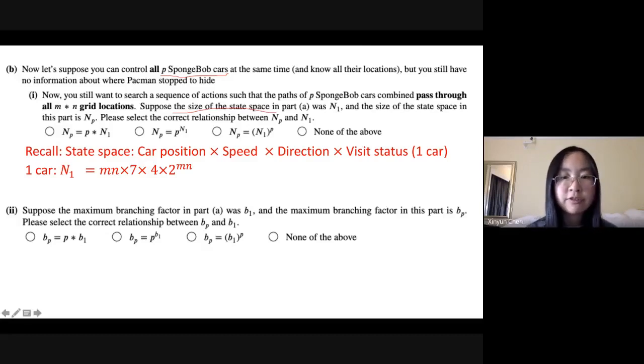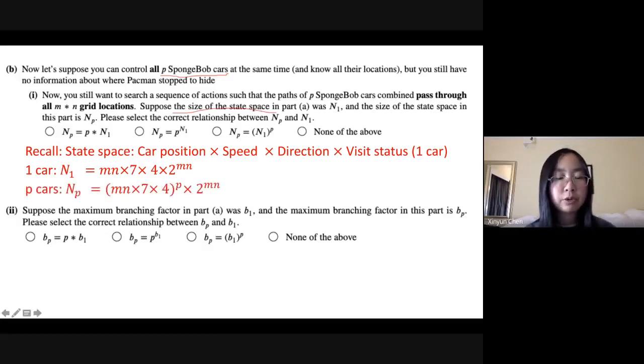Then in the case of p cars, we need to enumerate car positions, speed, and directions for all the p cars. So there is a power of p for the first three components. But notice that in this problem setup, we only need to make sure that one of the p cars catches the Pac-Man.